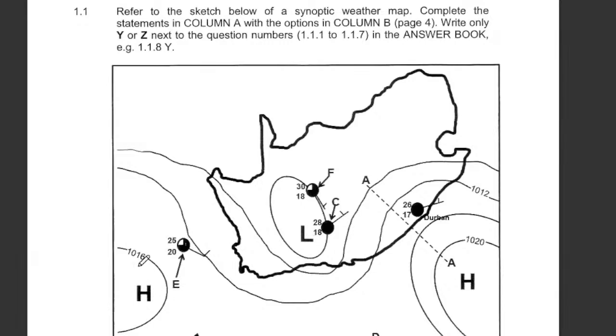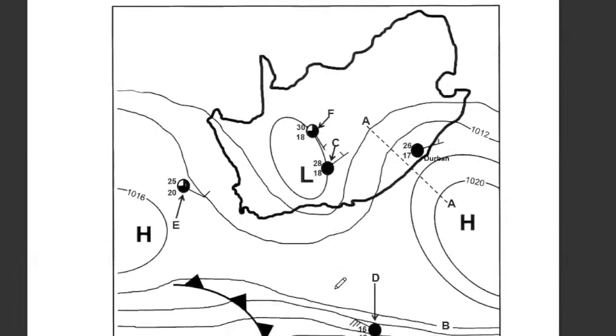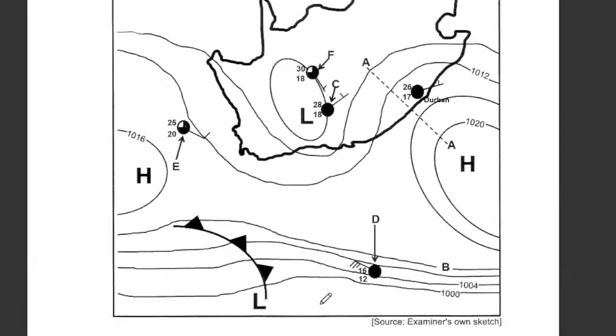There's also a high pressure on the west, and there is another high pressure on the east. You all know, learners, that this is the South Atlantic high pressure. This is the South Indian high pressure. Okay. And when you look at their positioning, they're a bit far away from the coast. And even the cold front is also a bit far away from the coast.